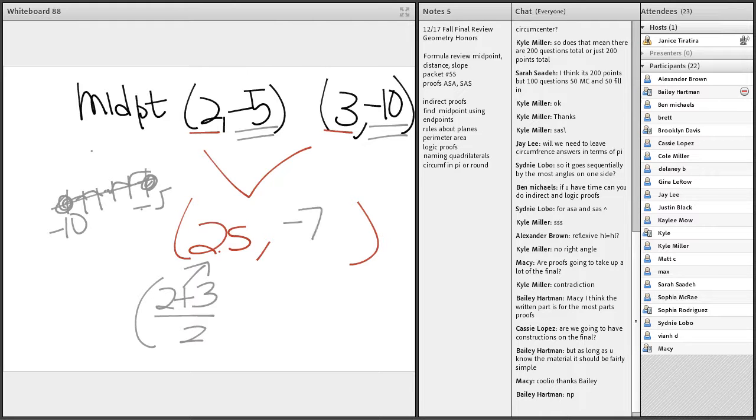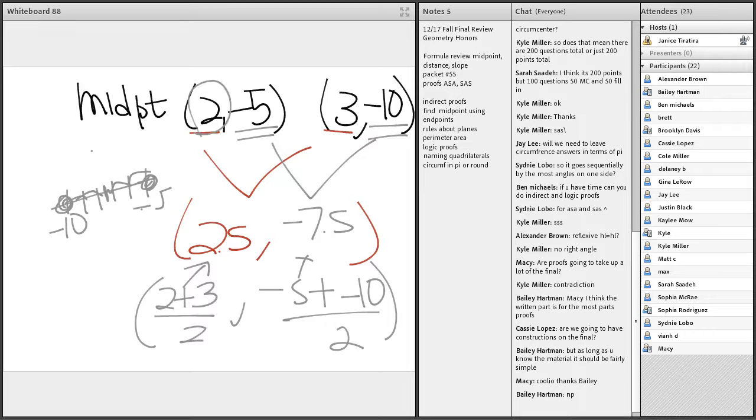So that's negative 7.5. Or you're like, how'd you get that? You can do negative 5 plus negative 10 divided by 2. You're finding the average. You're finding the middle. So that's 2 separate ways of doing it. You can look at the numbers that are given to you and say, visually, where does it lie on the number line? Here's 2, here's 3, the middle is 2.5.